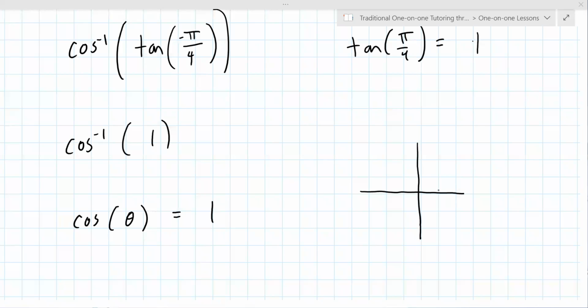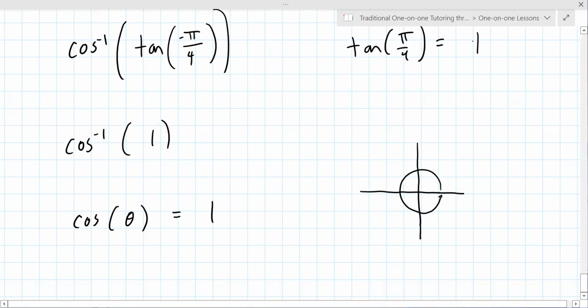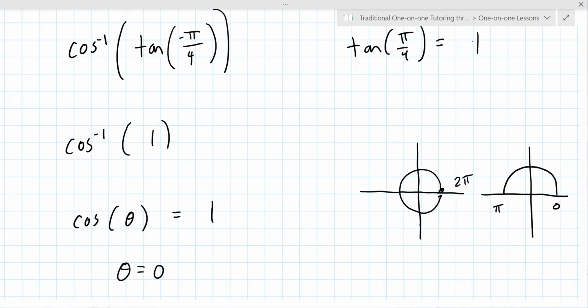Okay, so what you just said is true. And maybe by now you know that isn't the right answer, because unfortunately they want it from this interval, 0 to pi. So even though your answer is true, it's not the answer to this problem. Your answer has to be from 0 to pi, so it would actually be just 0. Now, I know that's a small little thing, but it really does matter.